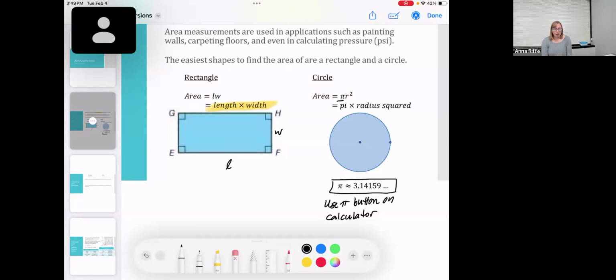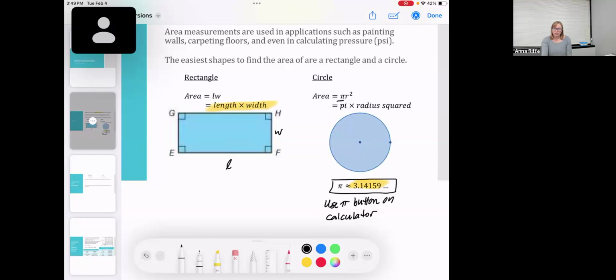If you don't have that pi button on your calculator, then at least round out a few more decimal places than 2. Use at least the 5 decimal places that are listed here, and that should, in most cases, get you accurate enough.